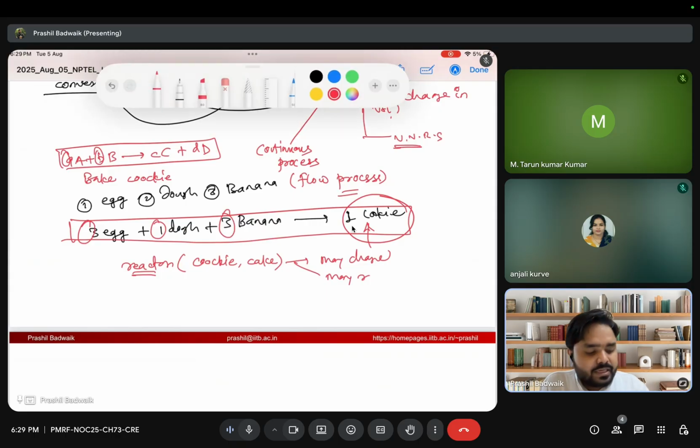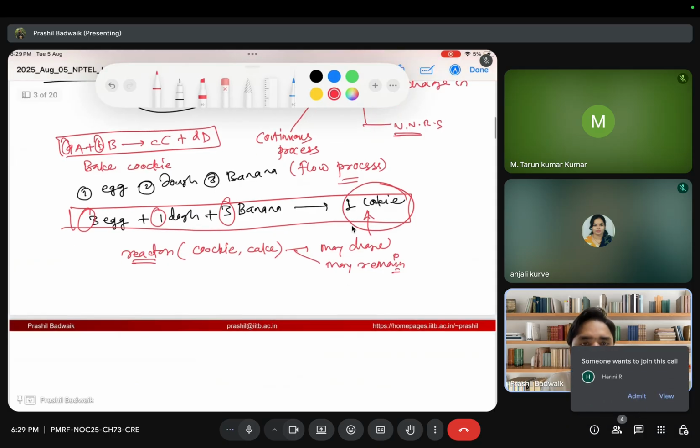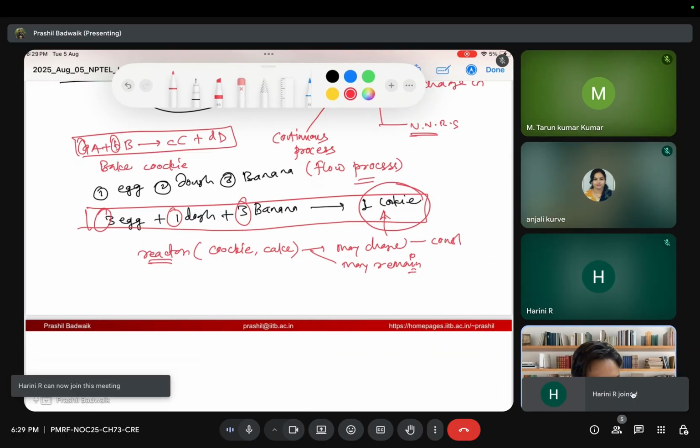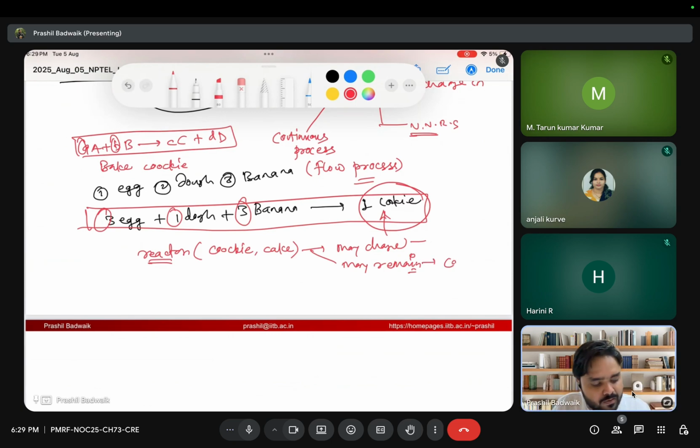So depending on this, we categorize chemical reacting systems into two types. One is a constant volume reacting system, where the volume is not changing, and a variable volume reacting system, where the volume of the reacting system changes, right?